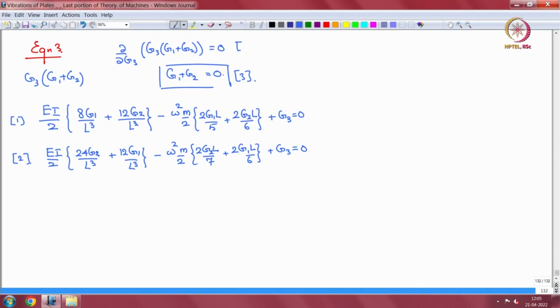Okay. So now we will put them in a matrix form. Let us see how it looks like. We will deal with one with no omega square, one with omega square. Okay. So I have G1, G2 and G3.